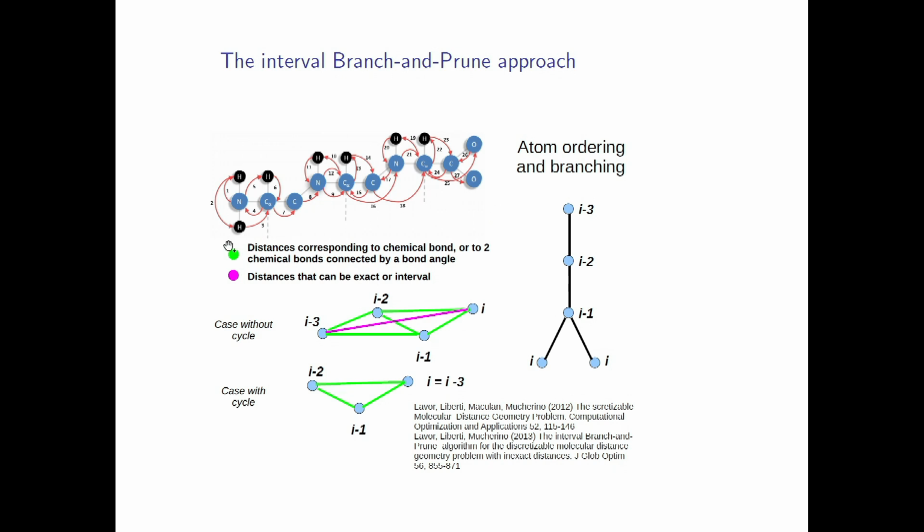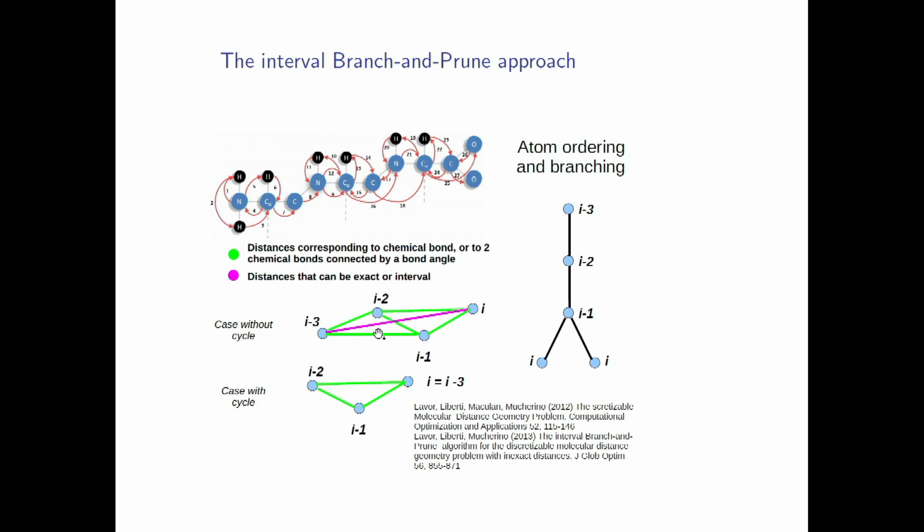The method is based on the fact that we are positioning the atoms given a certain order, and the order is chosen in such a way that we get a clique. So when you have positioned atoms i-3, i-2, i-1, you are positioning the atom i, and you know all the distances between the four atoms.